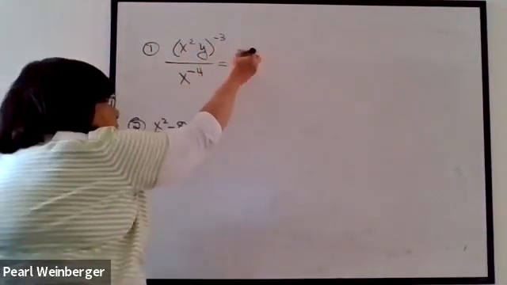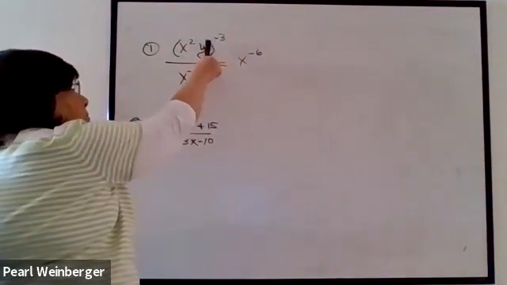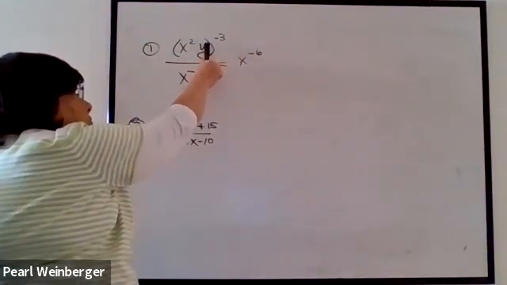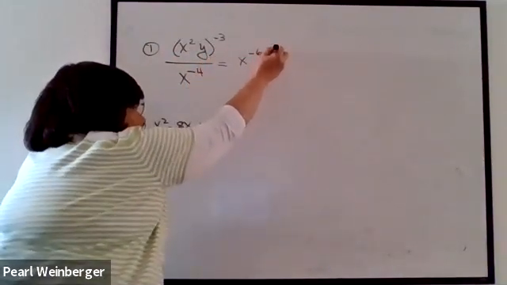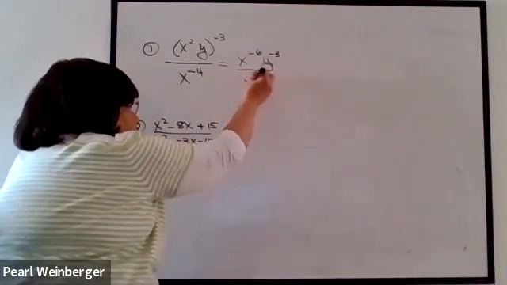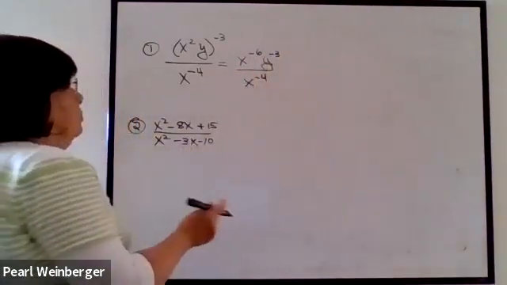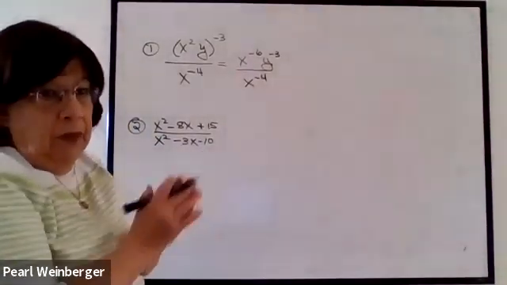So 2 times -3 is -6. And remember, when there's no exponent, it's understood to be 1. So 1 times -3, so we're getting y to the -3. The denominator was just x to the -4. So first, let's get rid of any parentheses that we see.